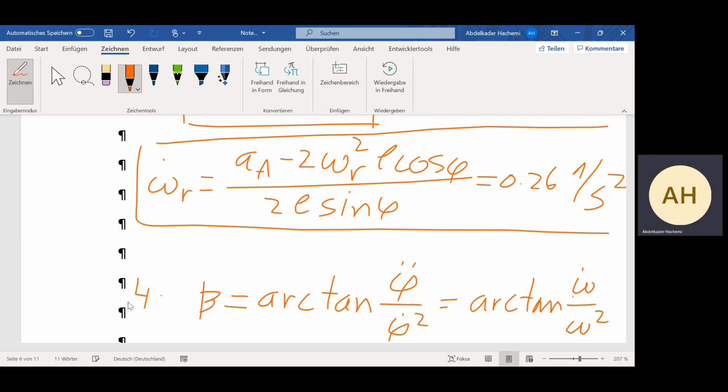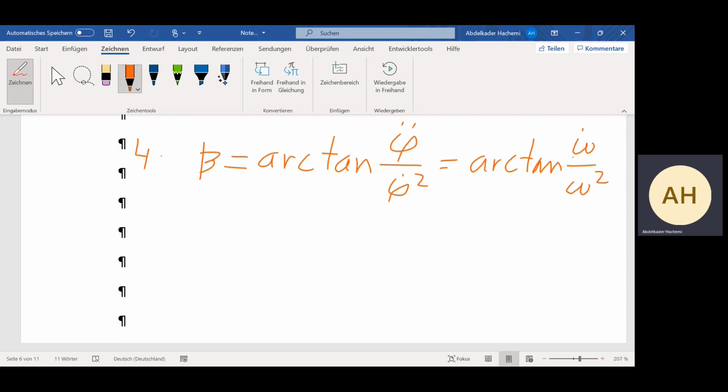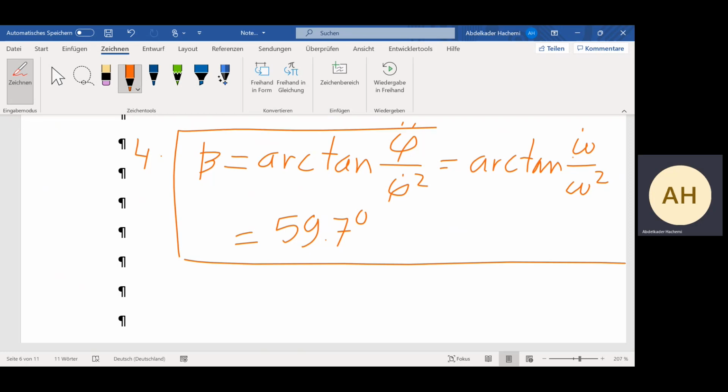This is by definition, and we get here 59.7 degrees. Okay, this is now the angle beta.